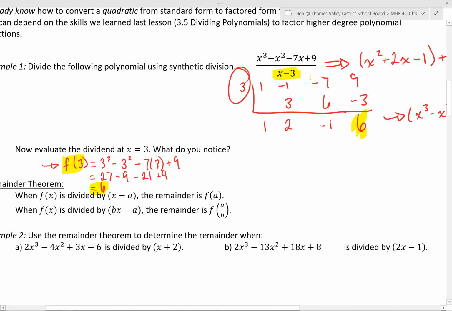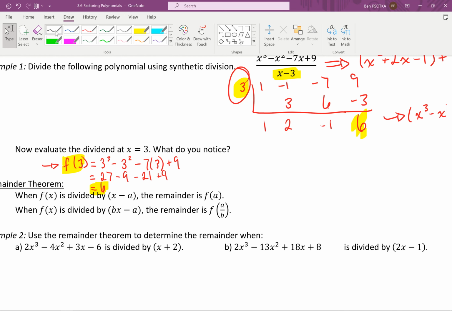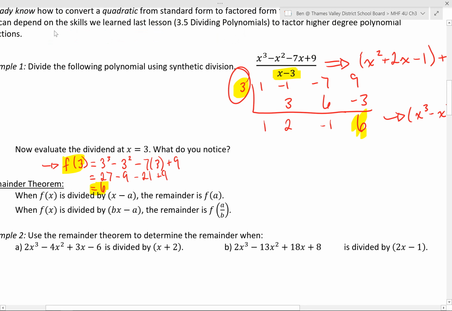Right? So if my divisor here is x minus 3, the root of my divisor is x equals 3. If I evaluate my function, my numerator, my dividend, at x equals 3, at x equals the root of my divisor, then I will find the remainder that I would find after dividing it.